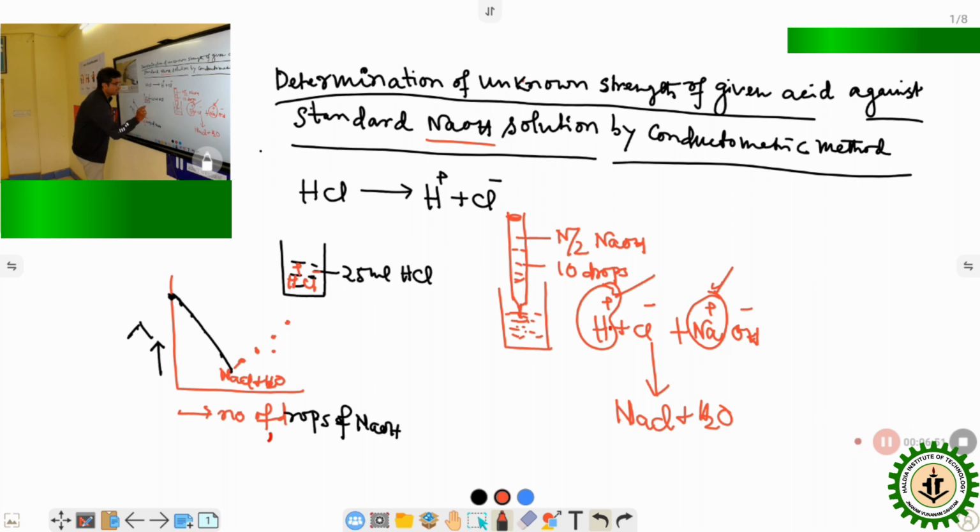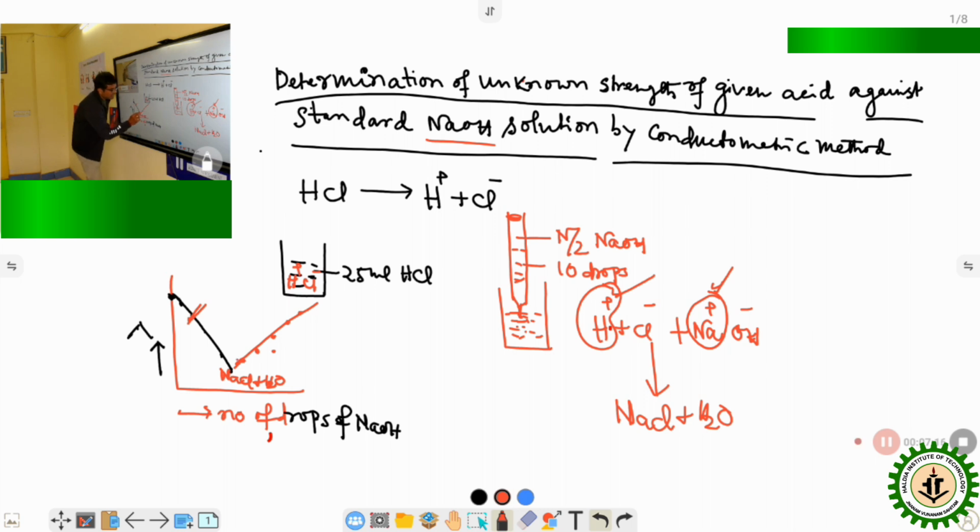Now if we join these points, it looks like this. The first line is steeper; the second line increases steadily, so it is not the steeper one. This steepness is due to the replacement of fast moving H plus ion by slow moving Na plus ion.